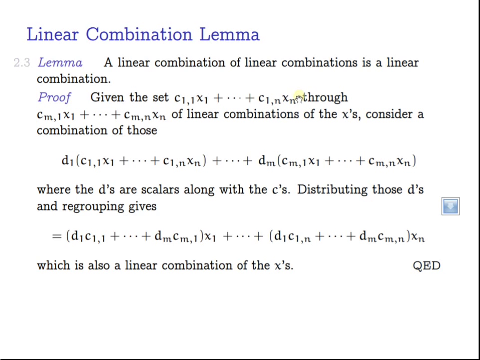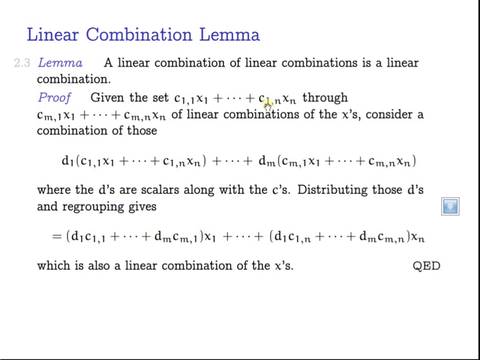Okay. So we're taking this linear combination, and if we take a linear combination of linear combinations, all right, I should say more clearly that here we have m different linear combinations. That's why we have two indices on the C.